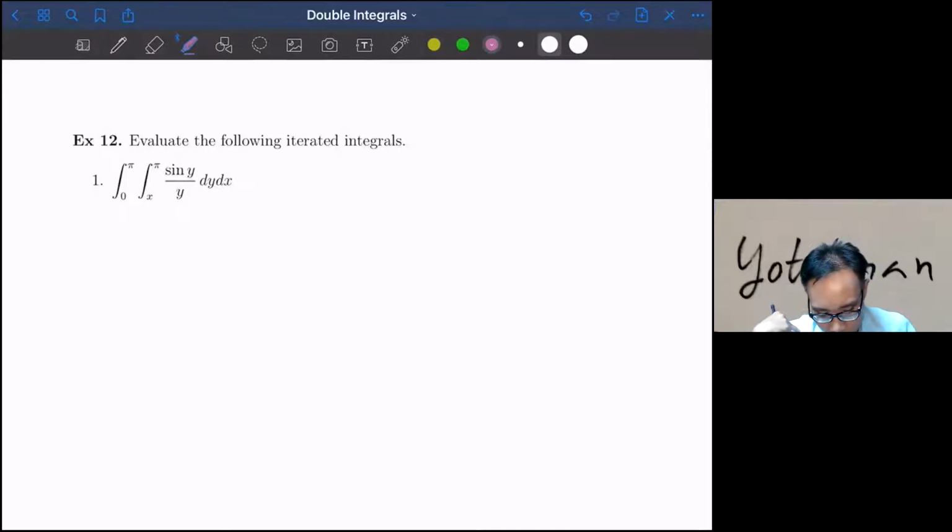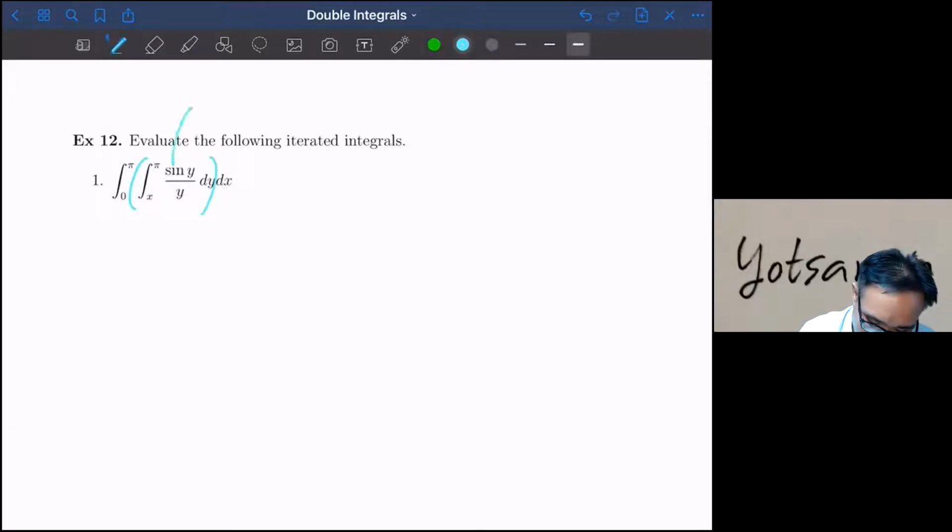You see that this inside integral is impossible to integrate.